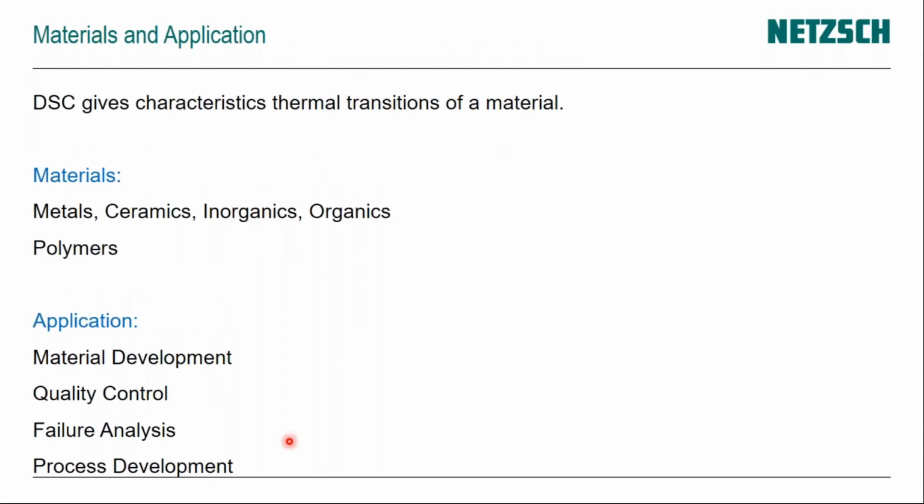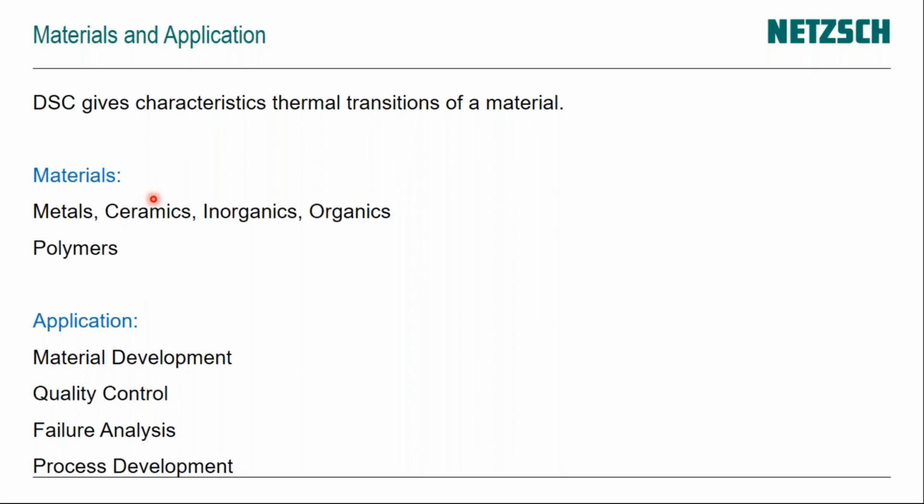Applications and materials are not limited, but the maximum application for DSC material characterization goes to polymers. Then we have some other materials like metals, ceramics, inorganic, organic.